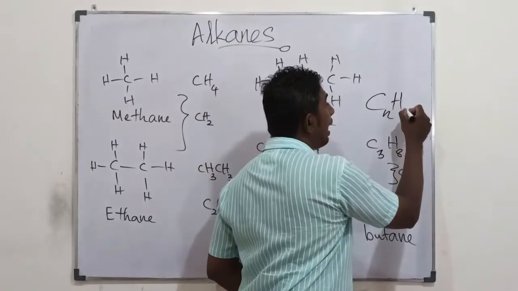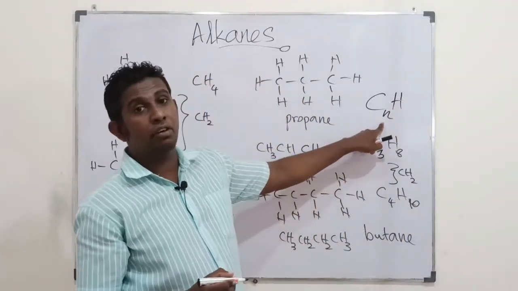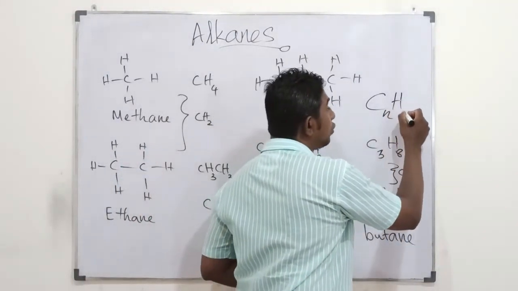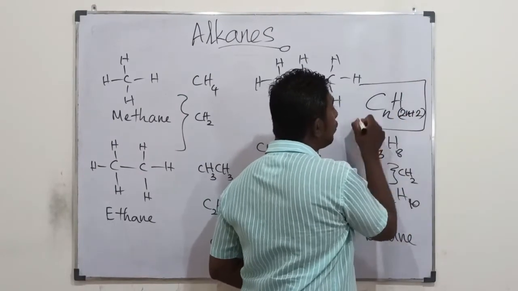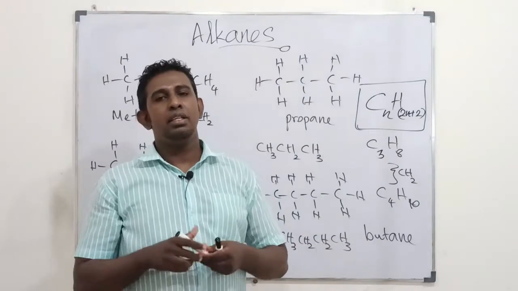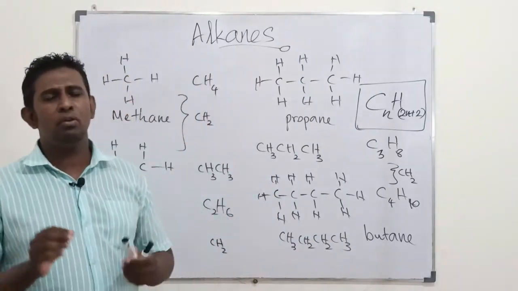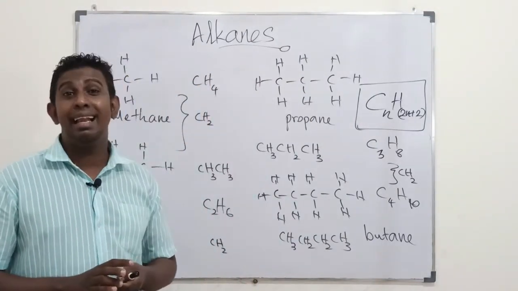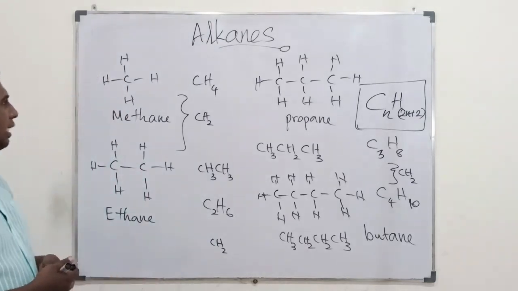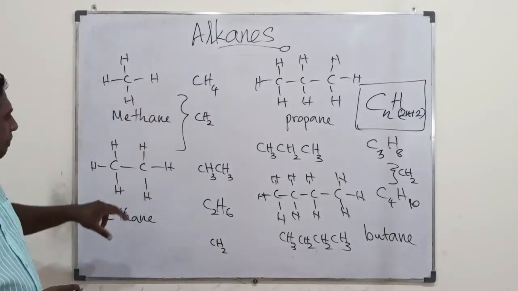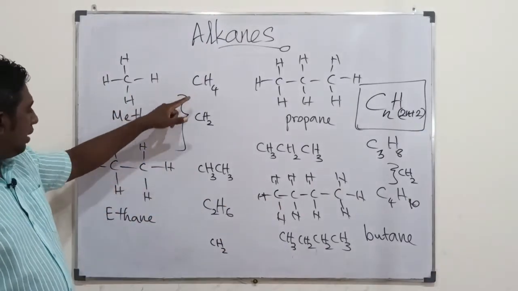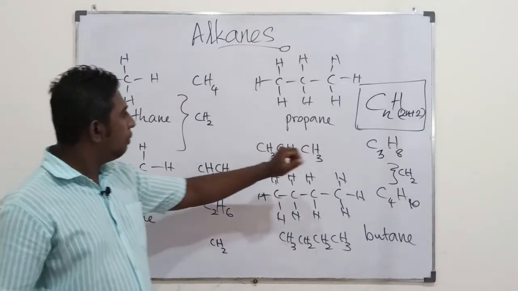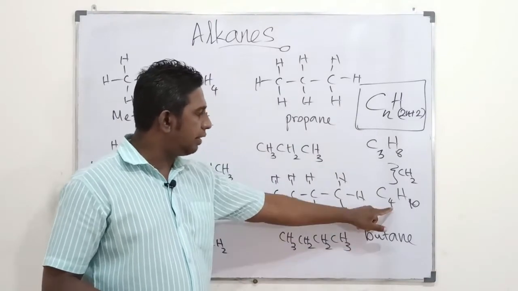Therefore, the number of hydrogens has to be 2N plus 2, and this is given as the general molecular formula for alkanes. Accordingly, I have shown here the first four alkanes: methane, ethane, propane, butane.